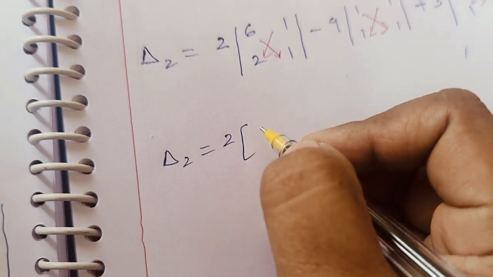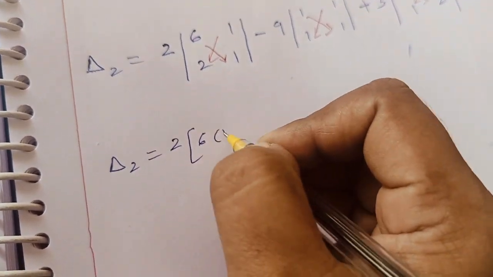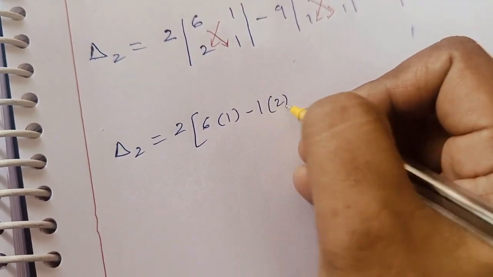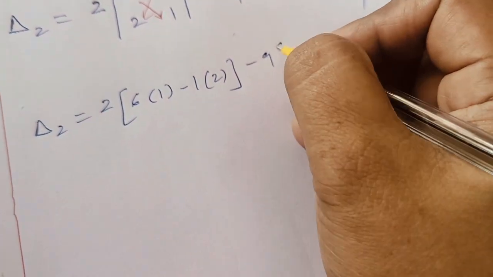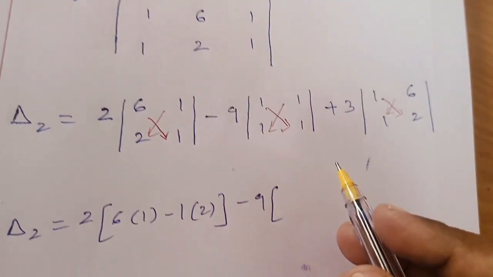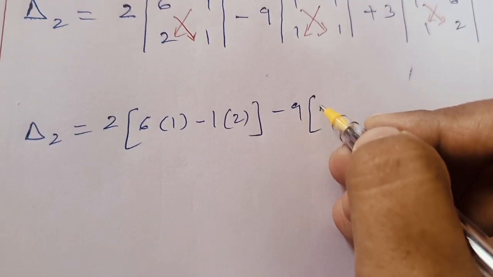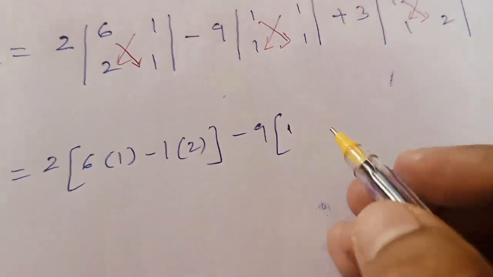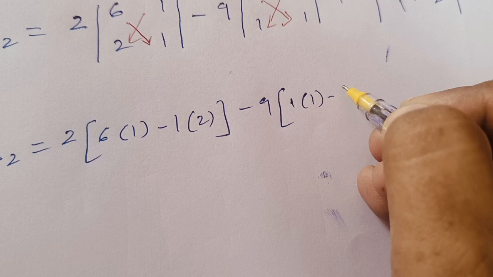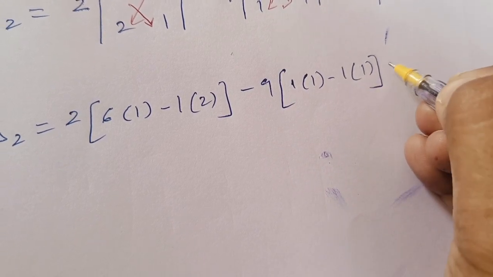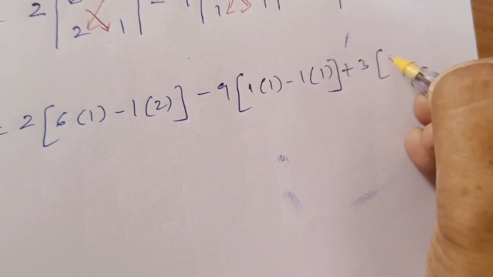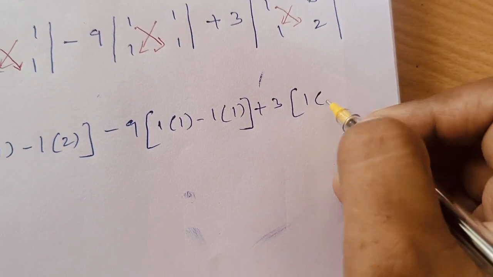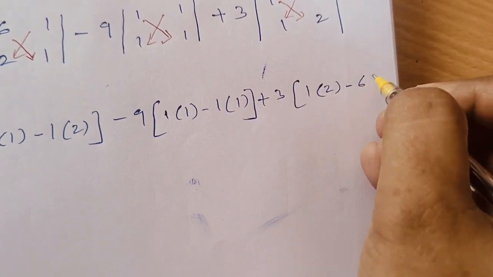This is 6 into 1 minus 1 into 2, minus 9 into 1 into 1 minus 1 into 1, plus 3 into 1 into 2 minus 6 into 1.